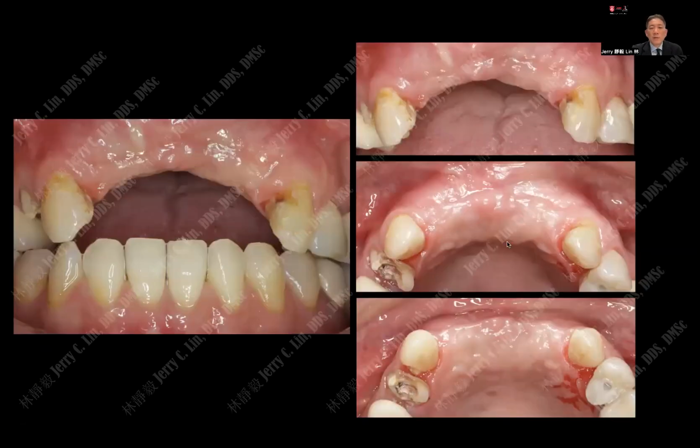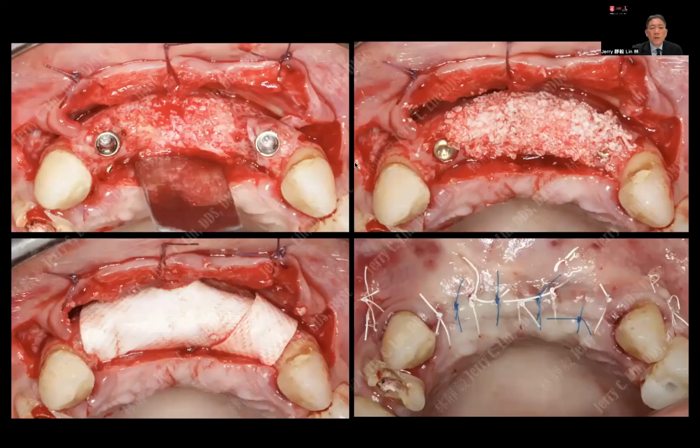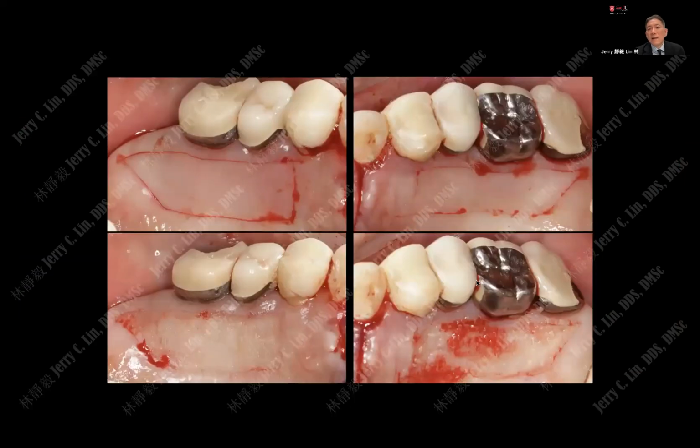And the results: when I opened it up, we had good bone. Two implants were placed, and I grafted again to protect the newly regenerated bone. Then, unlike the first case, I did a free graft type of technique only.